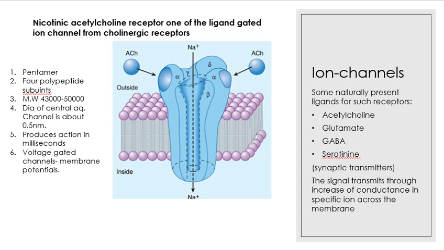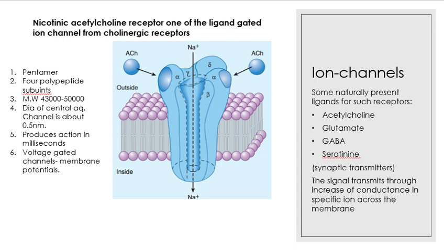So let's see an example of ion channel. The most common and easiest example of ion channel is nicotinic acetylcholine receptor, which is present in the cell membrane of most of the neurons and at the postsynaptic neuromuscular junction. This receptor is a pentamer which is made up of 4 different polypeptide subunits, 2 alpha chains, 1 beta, 1 gamma and 1 sigma.